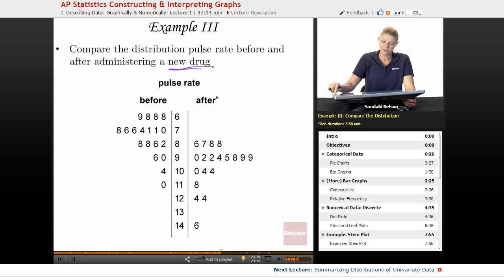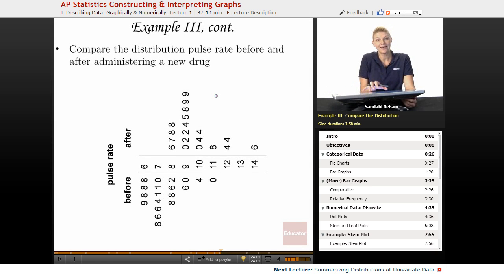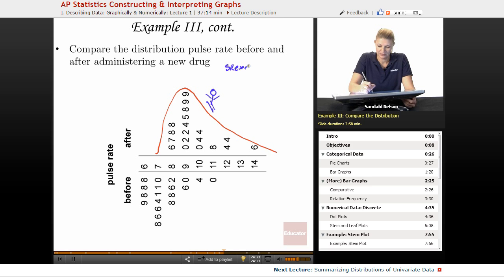So in order to compare this, we want to look at it as a graph. And that's really the beauty of a stem and leaf plot, is that we can have the numbers and we can have a graph. So let's look at this before. We can kind of sketch this little thing over it. And I would say that I would like to ski off this way. So that means that the pulse rates are skewed right.